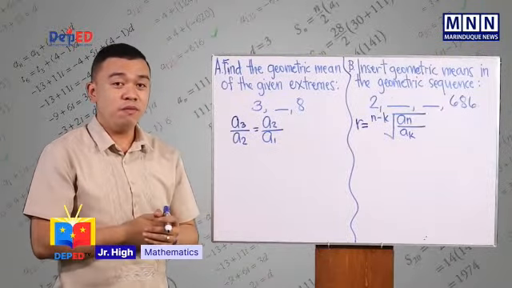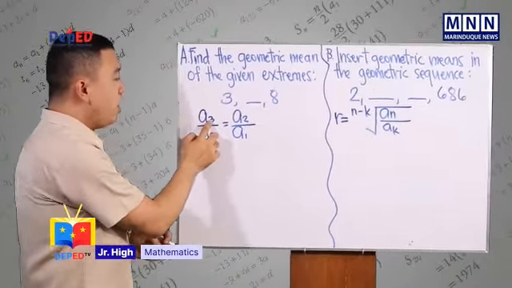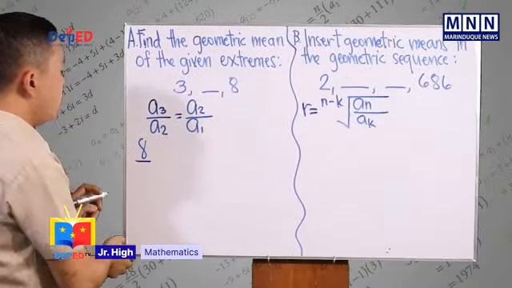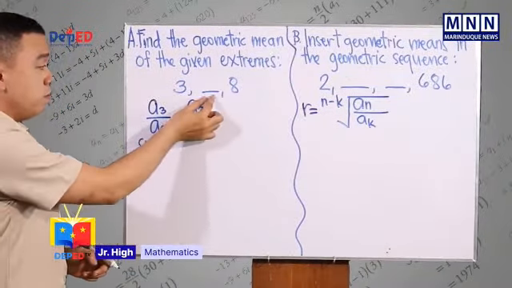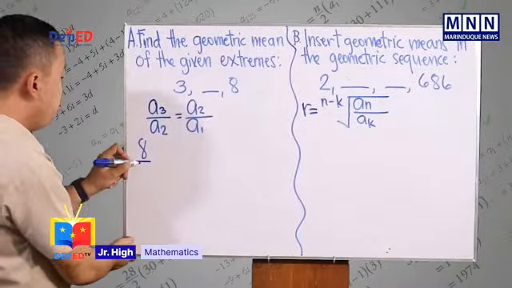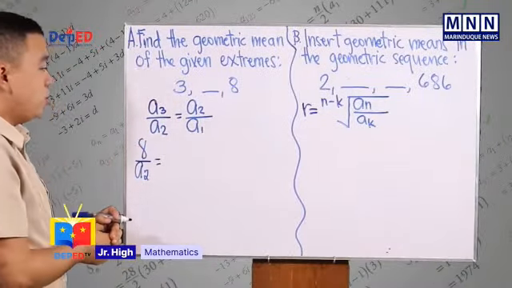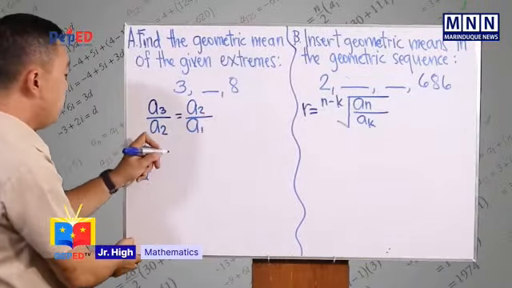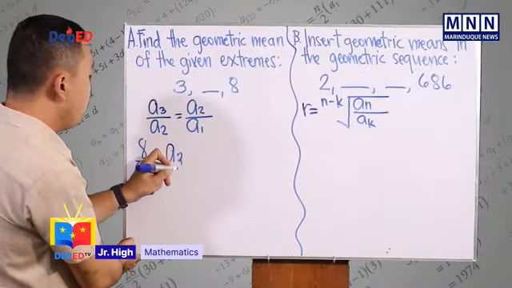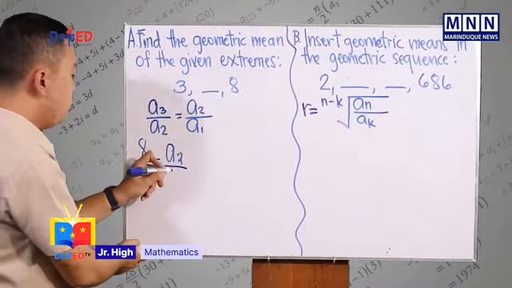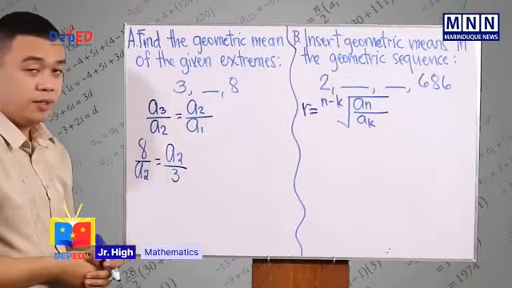Let's substitute the values. Our a sub 3, or the third term, is 8 divided by the second term, still unknown, so we will just copy a sub 2, is equal to a sub 2, again unknown, just copy, divided by our a sub 1, or the first term, which is equal to 3.